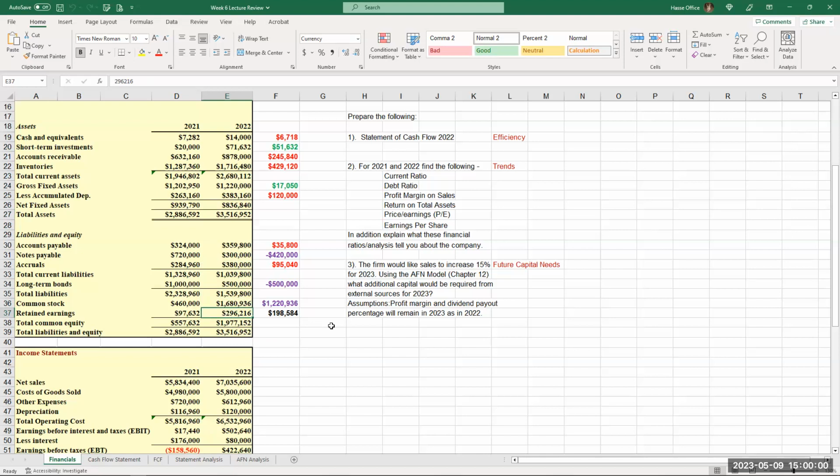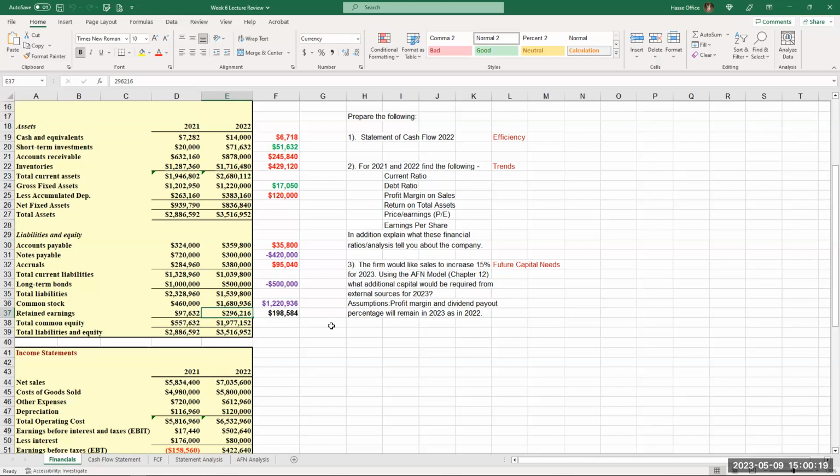In other words, that number in December 31st, 2022 is $296,216. That's the total amount of profits this company has made since its inception as a company. So that's the balance sheet.